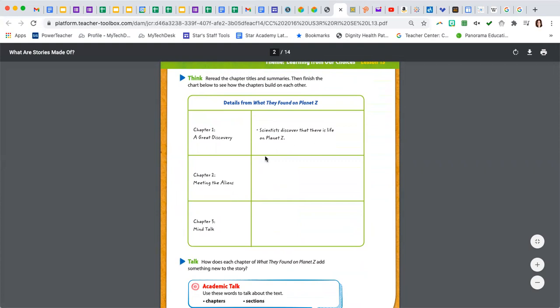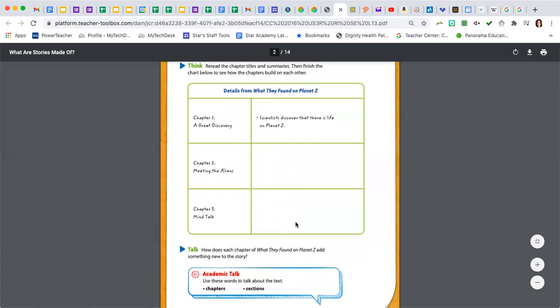You need to use details from the table of contents from What They Found on Planet Z to complete this organizer in your breakout groups, and then we are going to discuss it. So we'll pause the video and we'll come together for just a moment. We will fill out page 215 and then we will continue on.